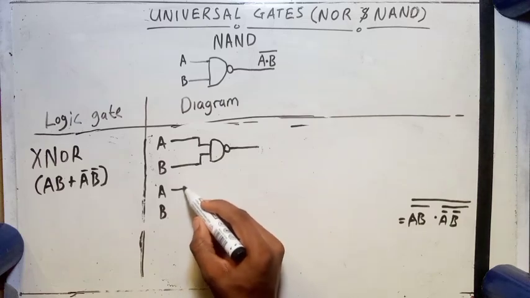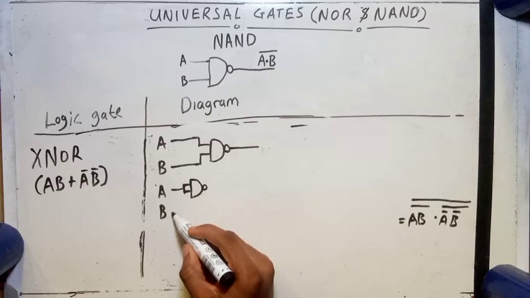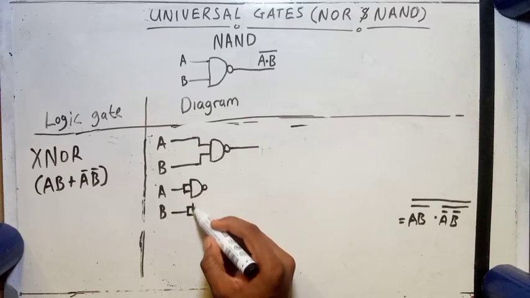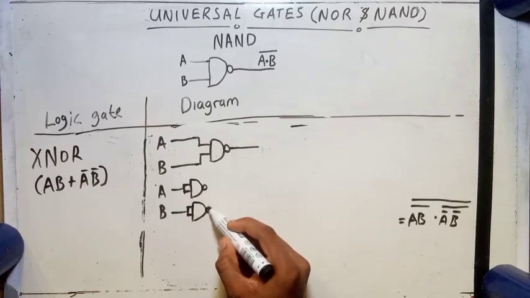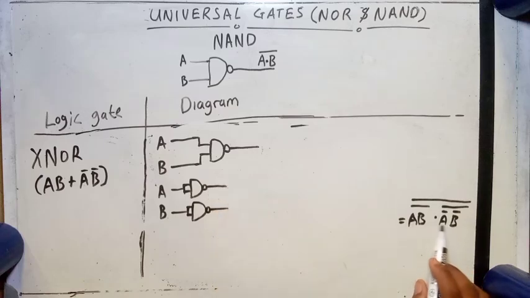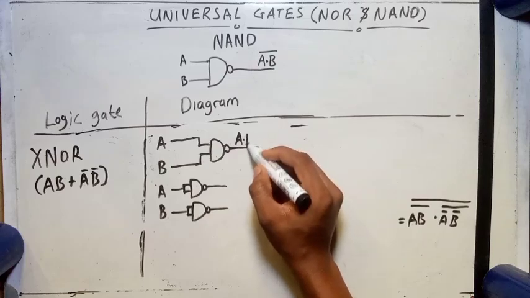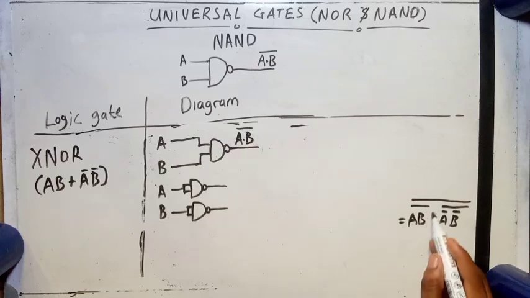Over here, we're going to be negating this. The same thing here, we negate these two. So we have negated, from here we have A dot B bar, which is just this.